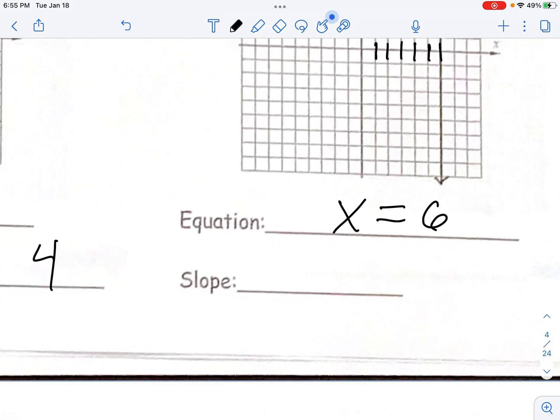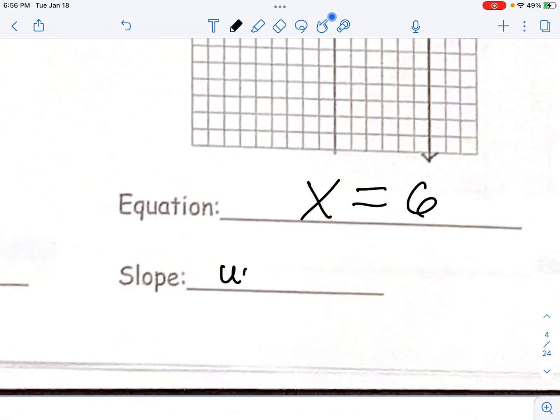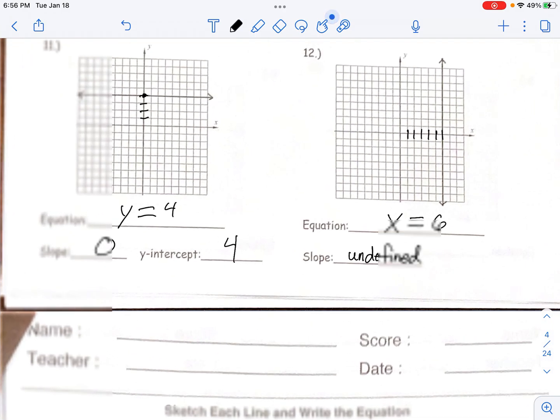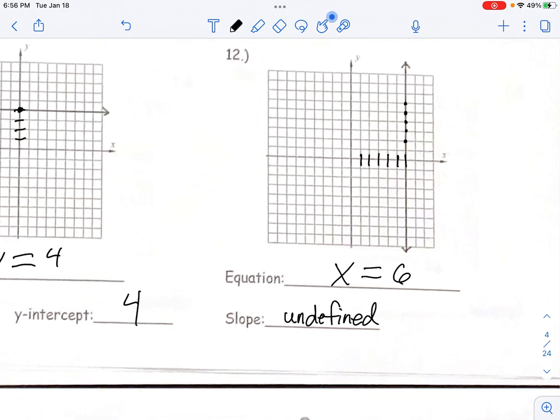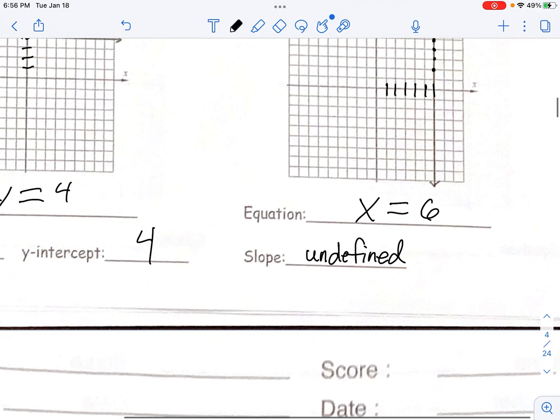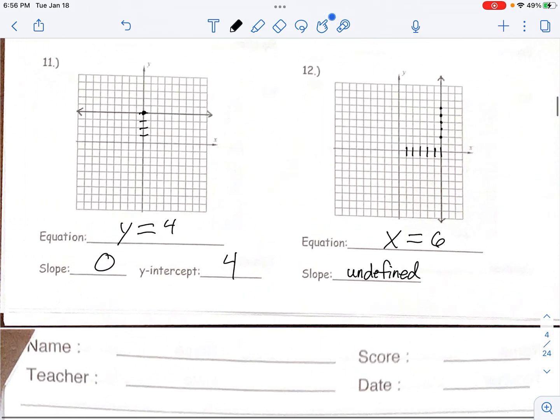Well, it doesn't have a slope. In fact, it's undefined. A vertical line slope is always undefined. Because you cannot have two dots in the same vertical line. Okay? Well, we have many dots in the same vertical line, right? Okay, so it's undefined. So that would be writing an equation from a graph.